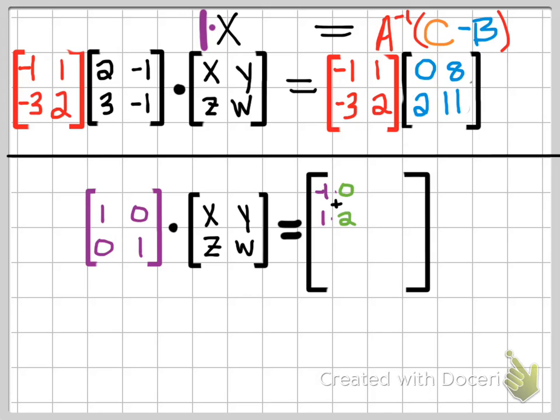So we'd have -1 times 0 increased by 1 times 2, and that simplifies to 0 and 2. And we, again, for our second element, use the first row, but now the second column. So we take -1 times 8 and increase it by 1 times 11, and that simplifies.